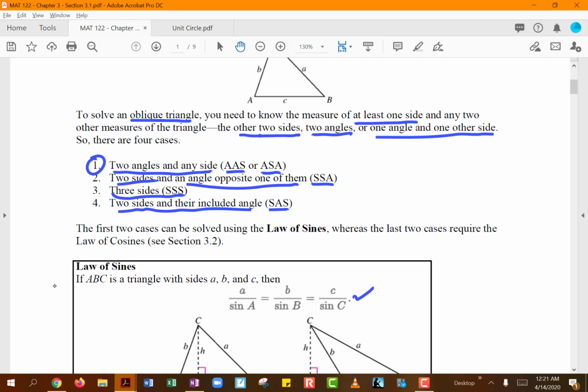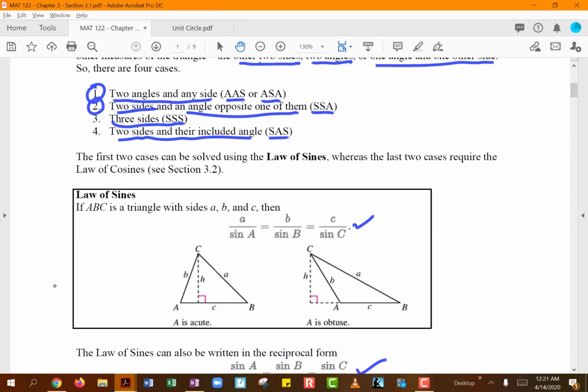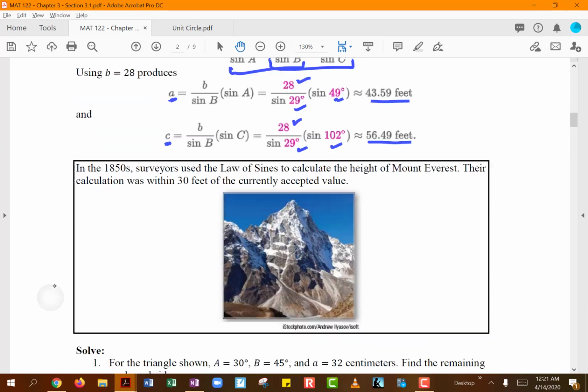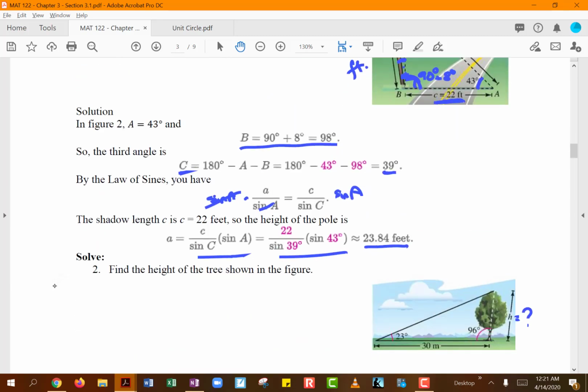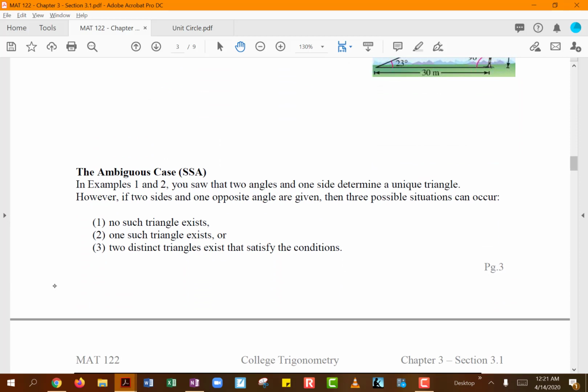Now, when we are talking about the ambiguous case, we're actually getting into this second case over here, where you are given 2 sides and an angle opposite to one of those sides. So let's take a look at what happens here. Okay, so this is where we're talking about the ambiguous case. So when 2 sides and an angle opposite to them are given, you can actually have 3 possible situations that can occur.